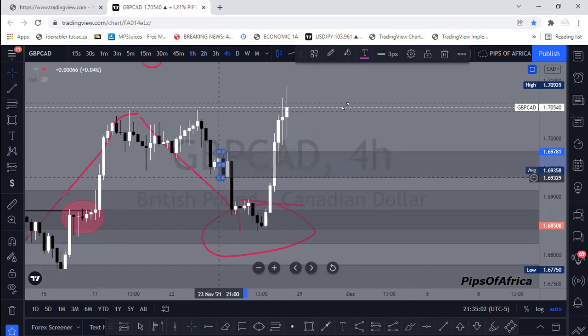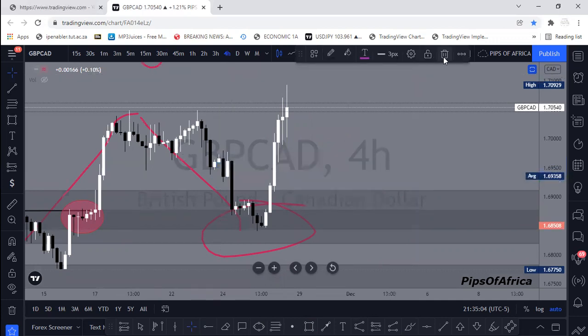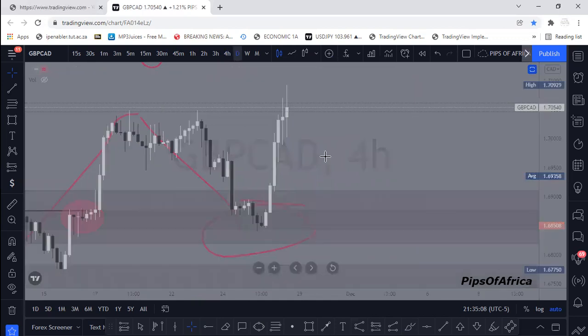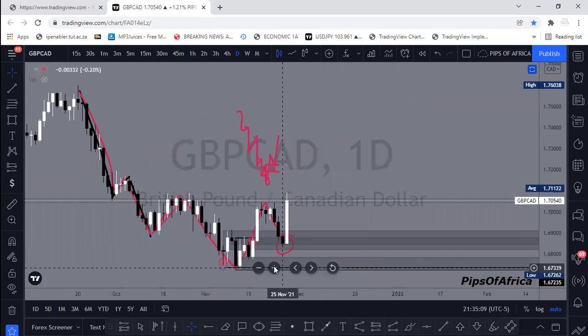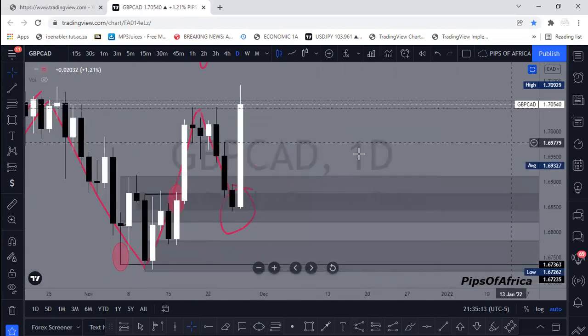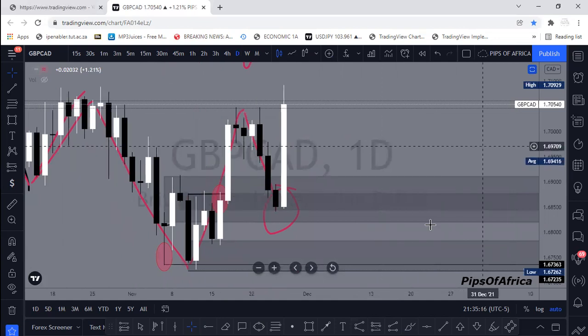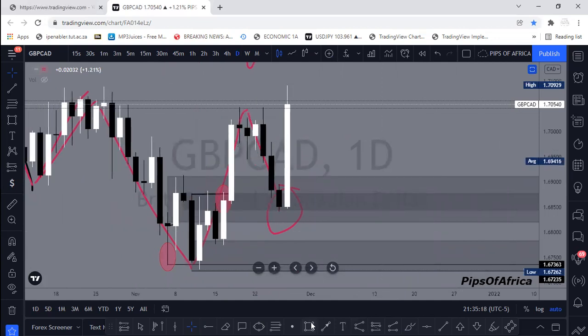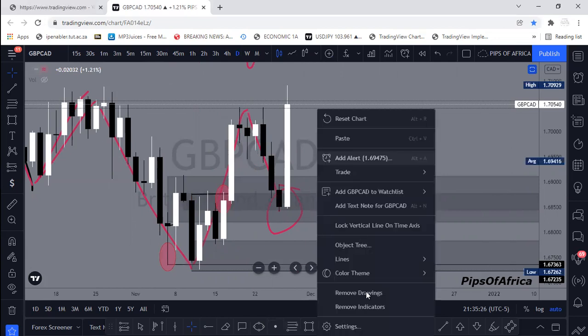Or before we can even mark it up, let me go back to the daily time frame. You must apply your Fibonacci. Let me just delete all the drawings first.